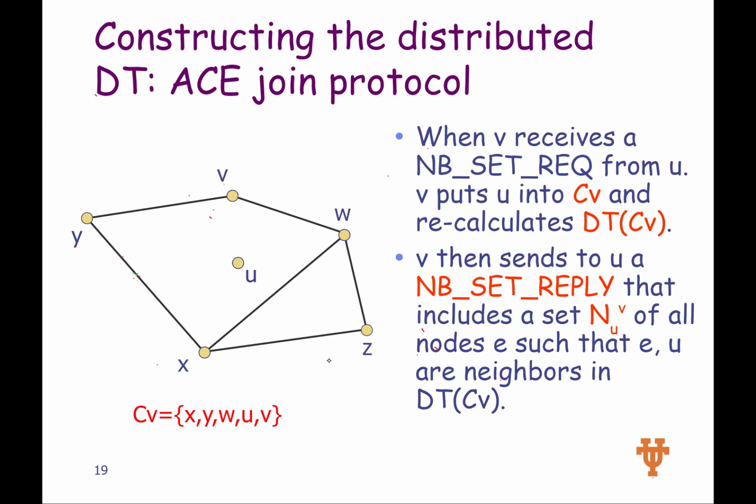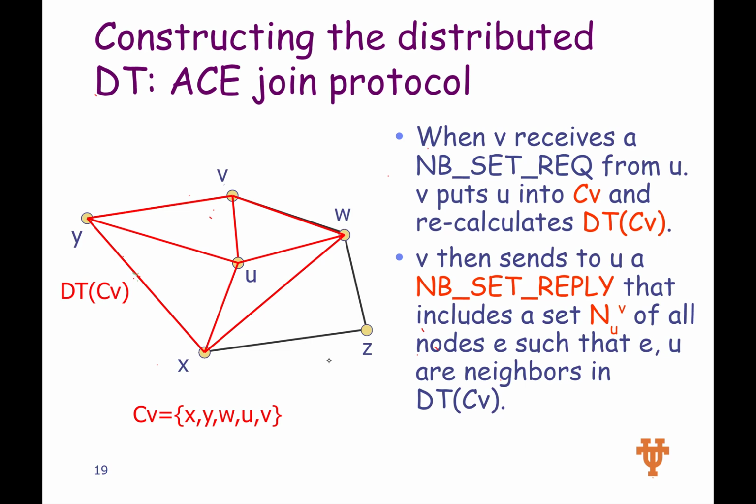Now we have U, so the local DT will look like this, the red ones, right? And which doesn't include Z because that doesn't matter. It's a remote one. Okay, so V knows its local DT will change because U joins the network. And V will revise its neighbor set to be Y, U, and W.